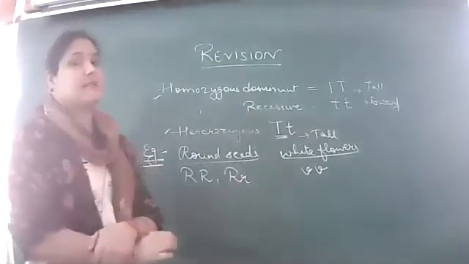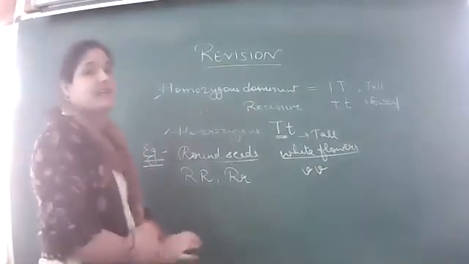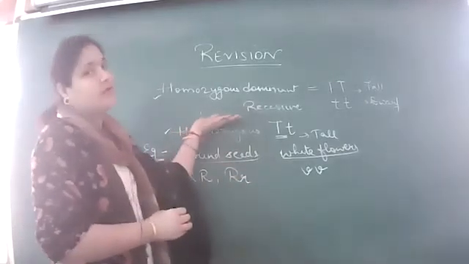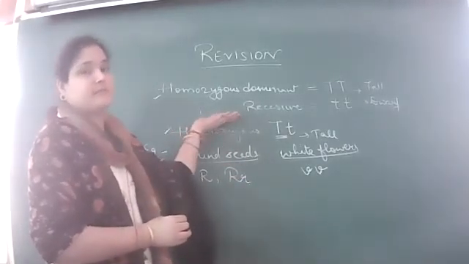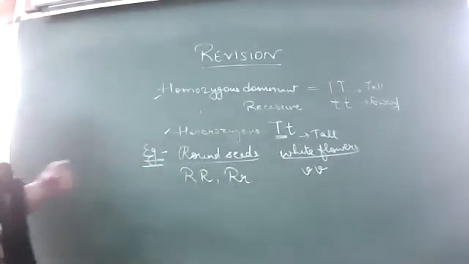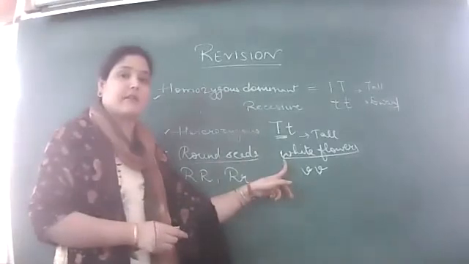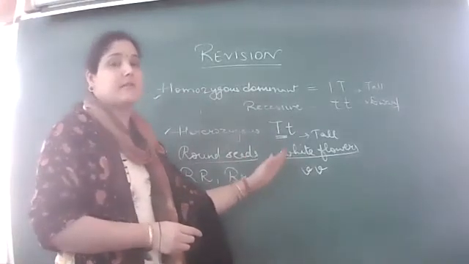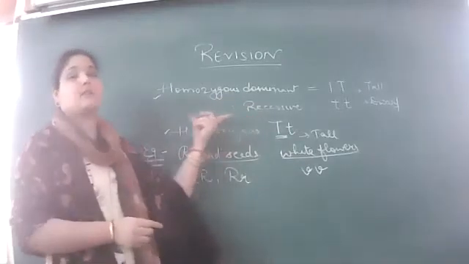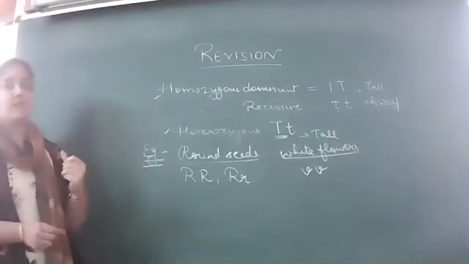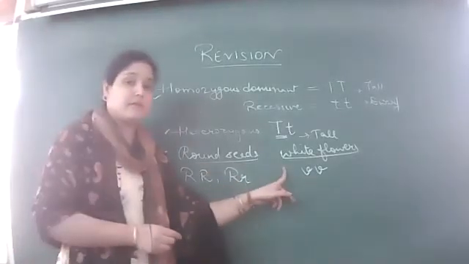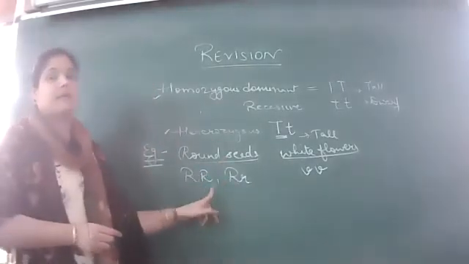Because the recessive character can only express itself in the homozygous recessive condition. This is the reason. Okay, you will say because the recessive character, that is the white flower, is a recessive character, and the recessive character is going to express only and only in one condition, and that is the homozygous recessive condition. So this is the genotype for the recessive parent, there is only one possibility, and for a dominating parent there are two possibilities.